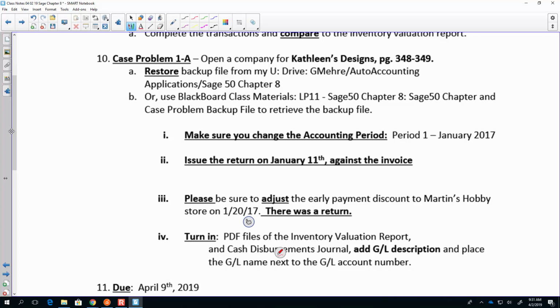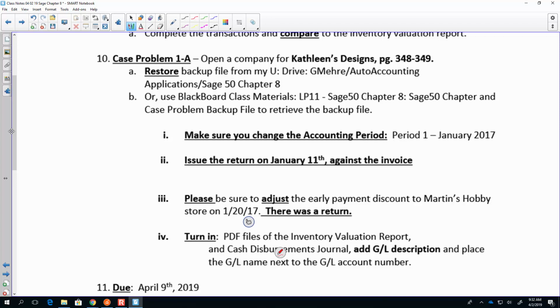You have to create a GL account for inventory, a GL account for cost of goods sold. You have to create a couple vendors and a couple inventory items. Look at the item class. They'll be stock items, so we're tracking quantities and costs.